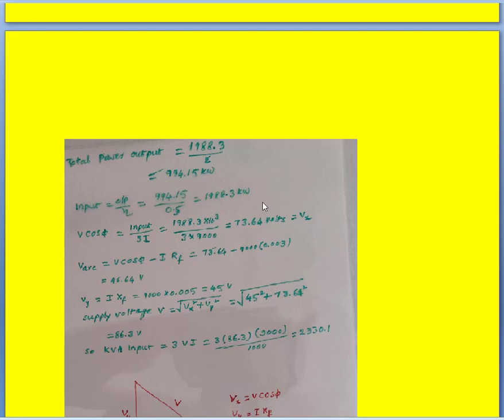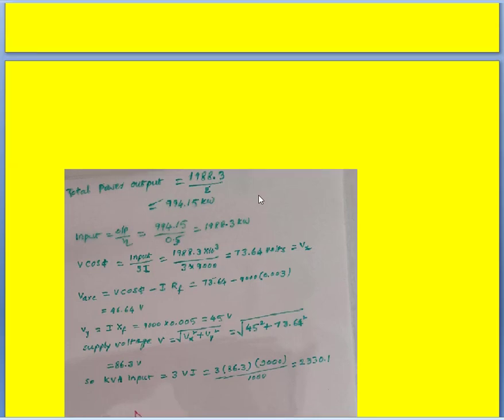Once we know this, from the steps that we have mentioned, we can calculate V cos phi using the formula 3 V I cos phi equals input power. From this, V cos phi is equal to input power divided by 3 into I. The furnace current is already mentioned as 9000 amperes.